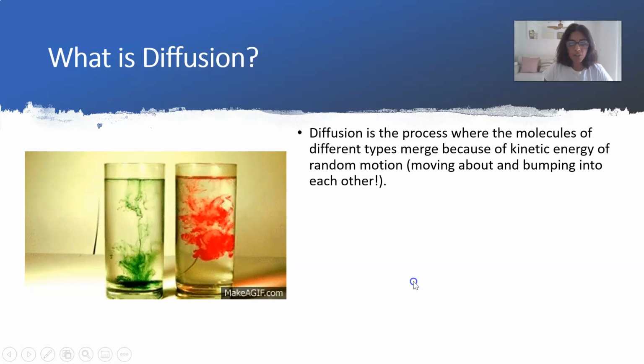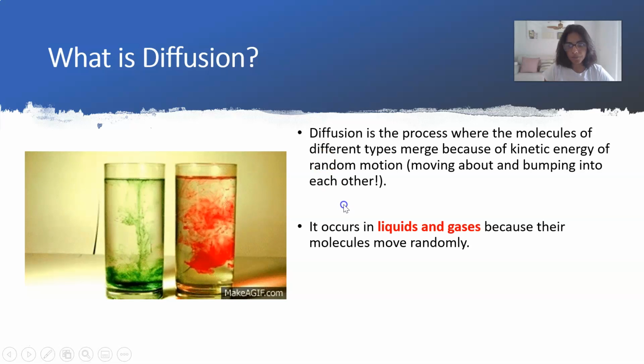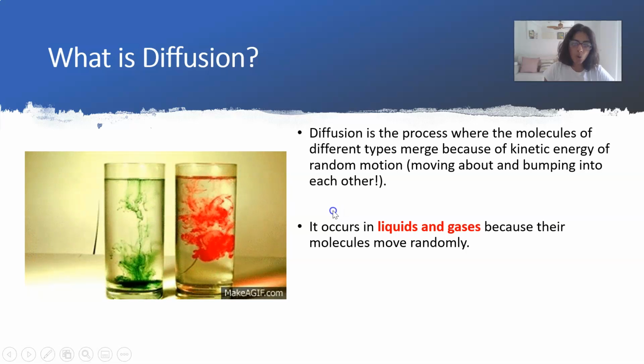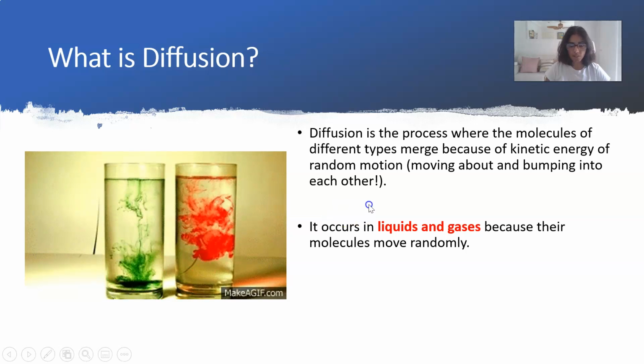If you can imagine a group of marbles and you bump them all together, you don't know which direction they're going to ricochet in, so that's a random motion. What's really important to understand is that diffusion only occurs in liquids and gases. That's really important, that diffusion does not happen in solids.